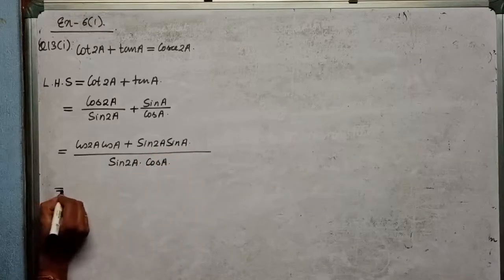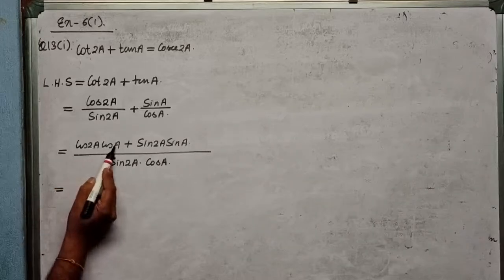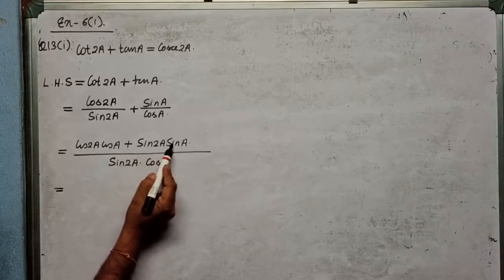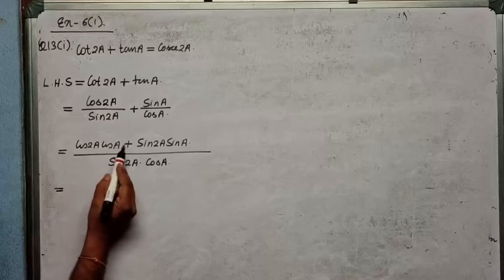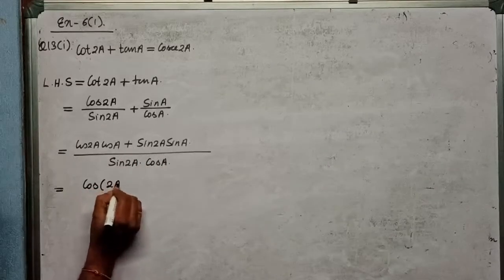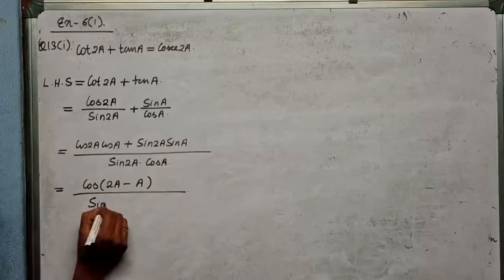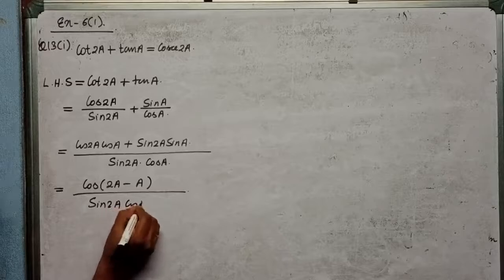Now the numerator is in terms of a formula: cos a cos b plus sine a sine b is equal to cos of a minus b. It's a formula. Divided by sine 2a cos a.